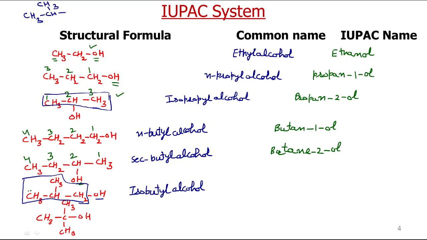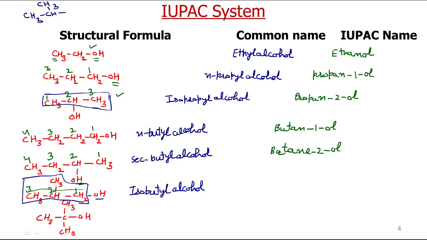This chain, we can choose this chain as the parent. The next task is to assign numbers. So we will start numbering from this direction, 1, 2, 3, so that the OH group gets the lowest locant position.